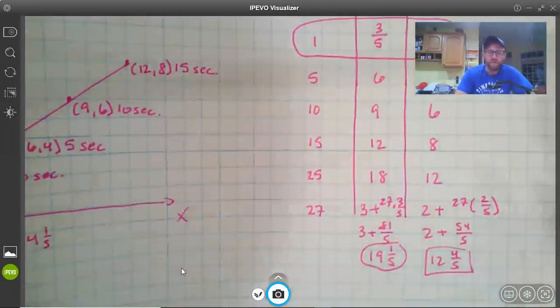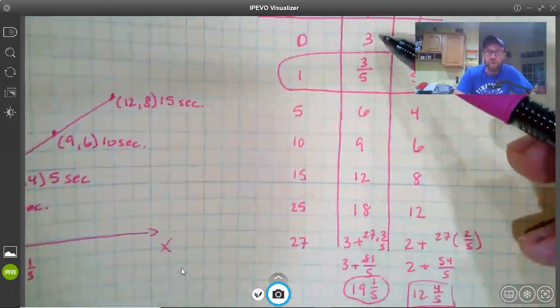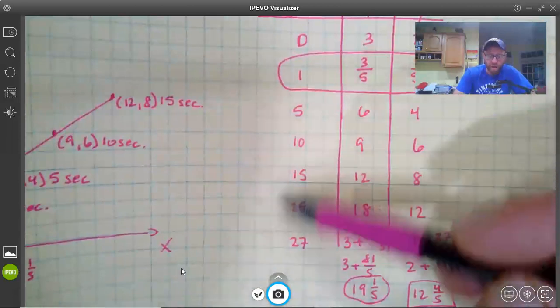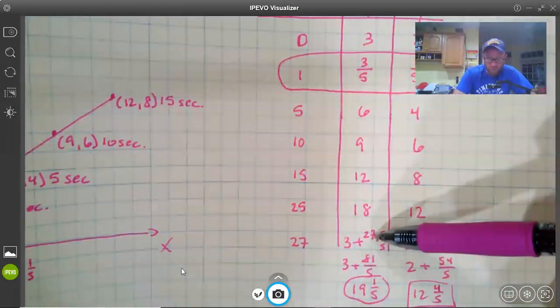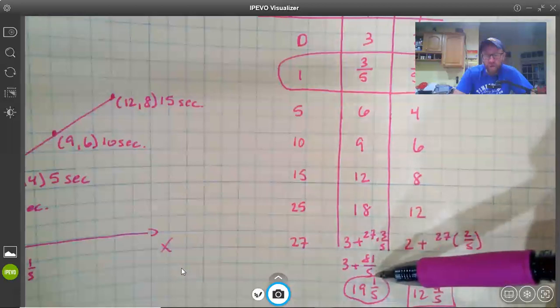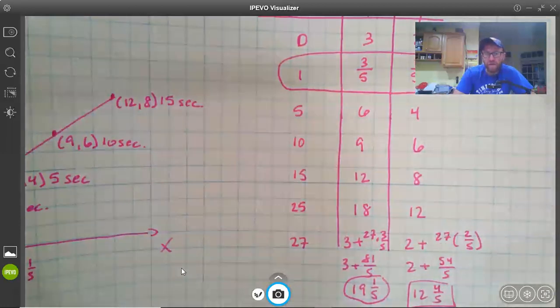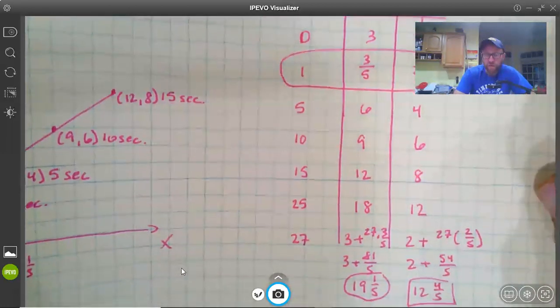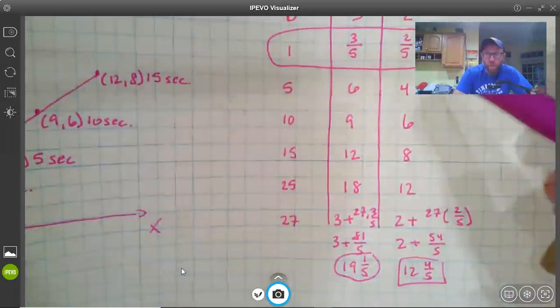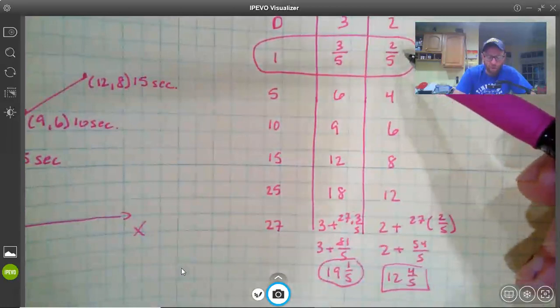Not paying attention. So again, we start out with our initial starting coordinate, 3, and we're going to add 27 increments of 3/5 each. So 27 times 3/5 is 81/5, which is 16 and 1/5, plus our original 3 makes 19 and 1/5. And here, for the y coordinates, each second takes us 2/5 up in the y direction.